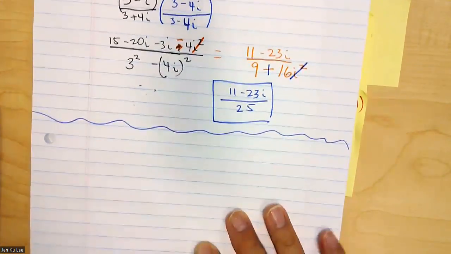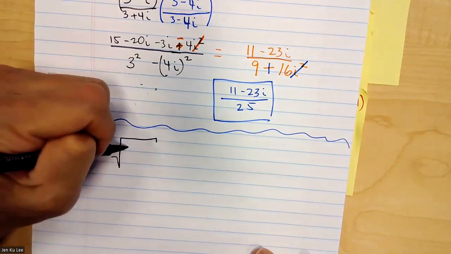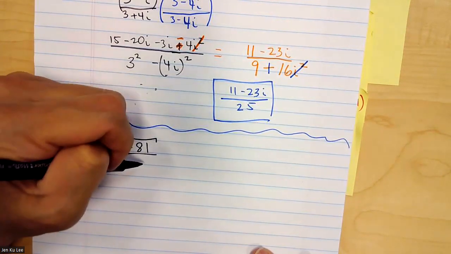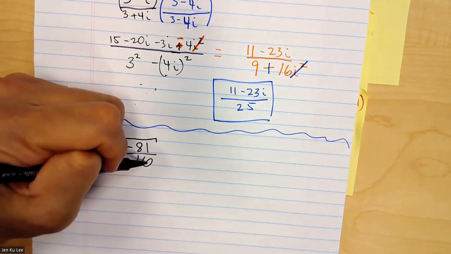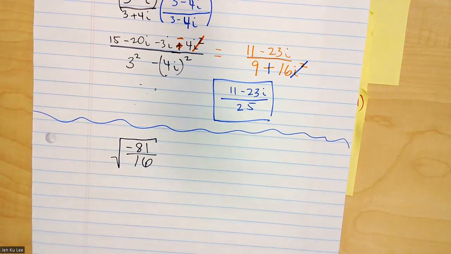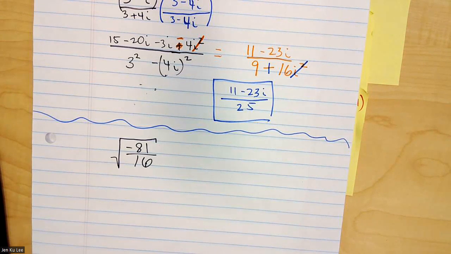So can you guys solve this one then? Square root of negative 81 over 16. What does that simplify to? Would it be 9i?